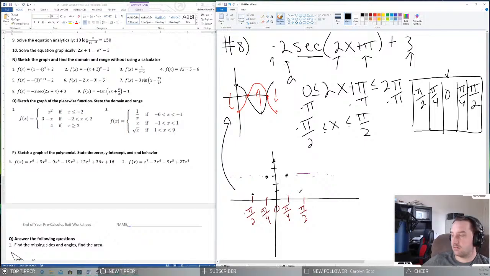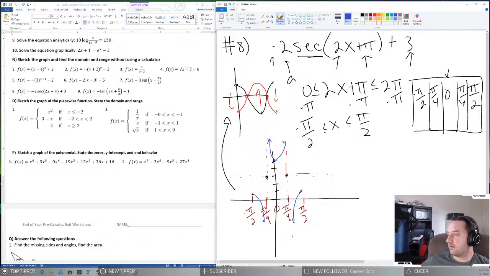So secant is going to be wherever it crosses the center line, you're going to get asymptotes. And then at the peaks, you're going to draw parabola-looking things that approach the asymptote. So that's the sketch of the graph.